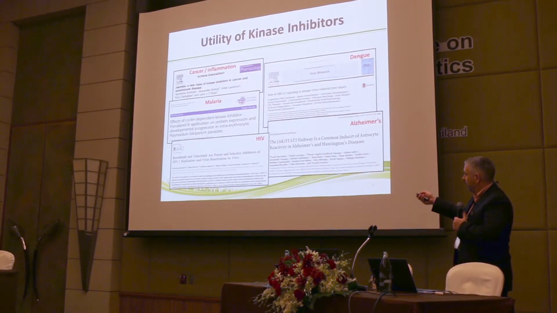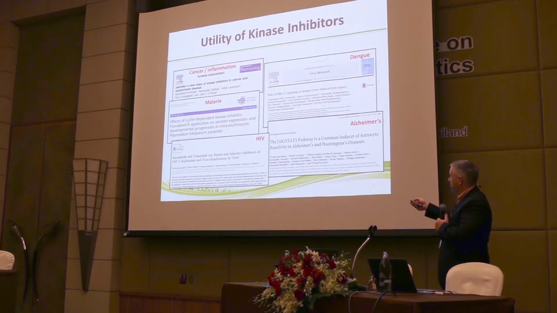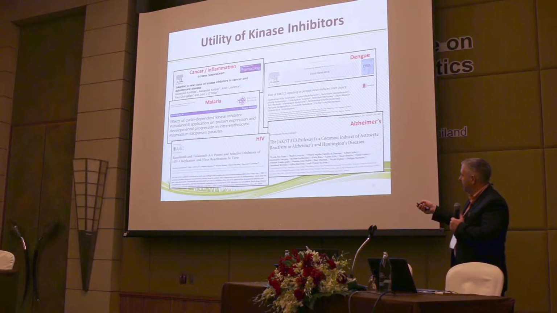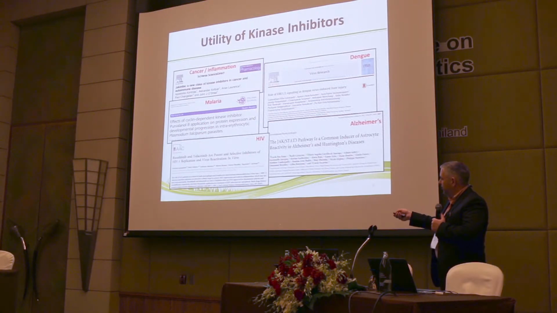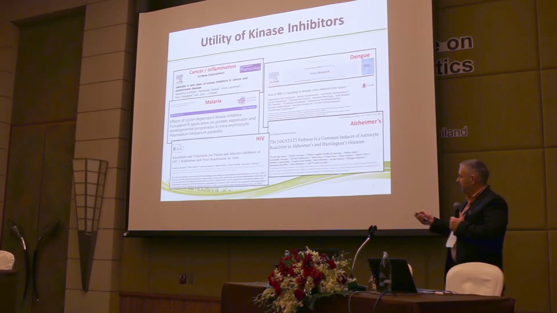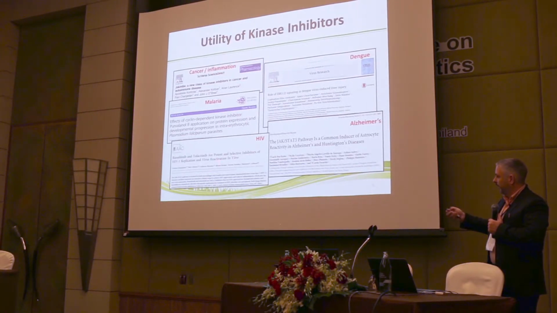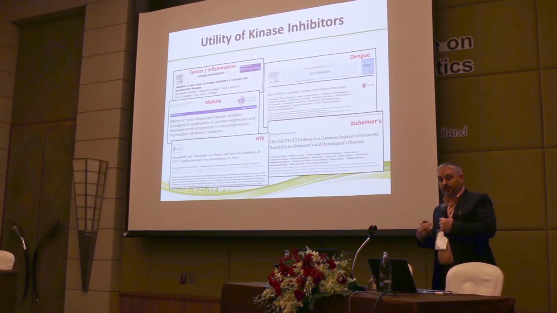Kinase inhibitors are also known to work against malaria. I have a few more papers. This is just an example of one. Also potentially these JAK kinase inhibitors are known to affect replication in HIV infected cells.